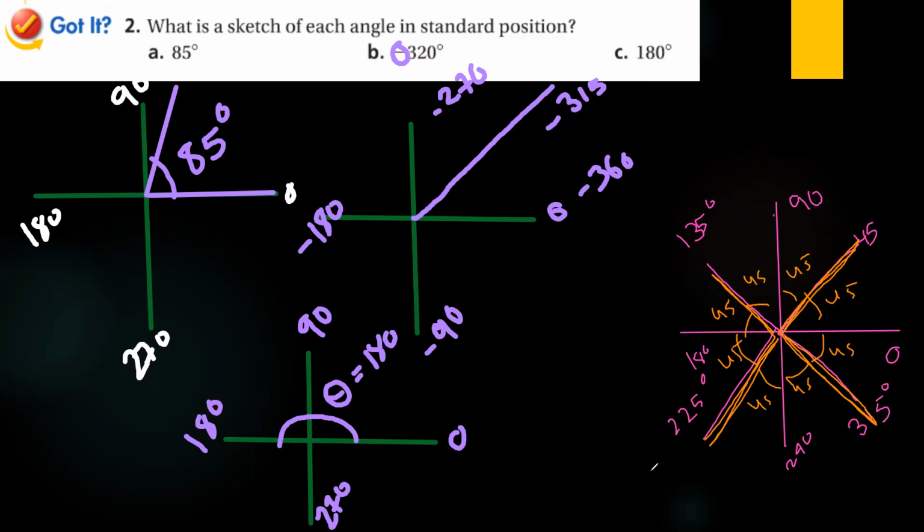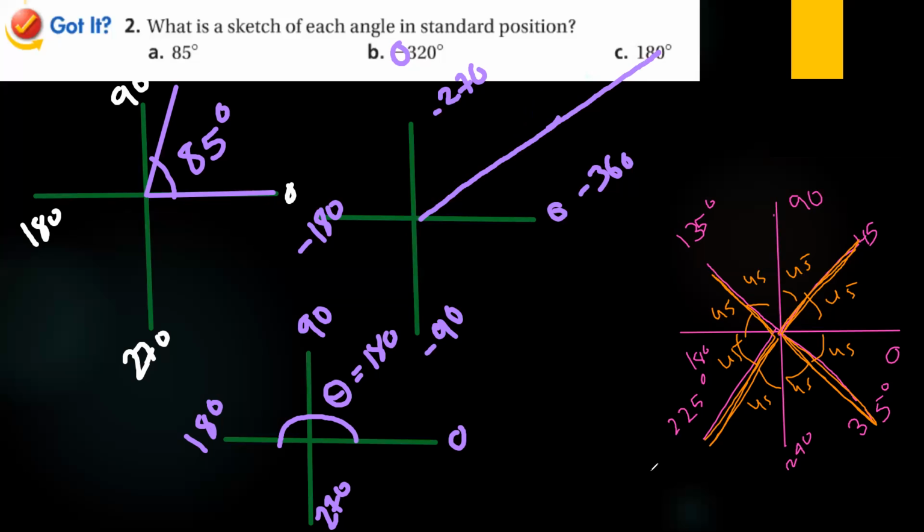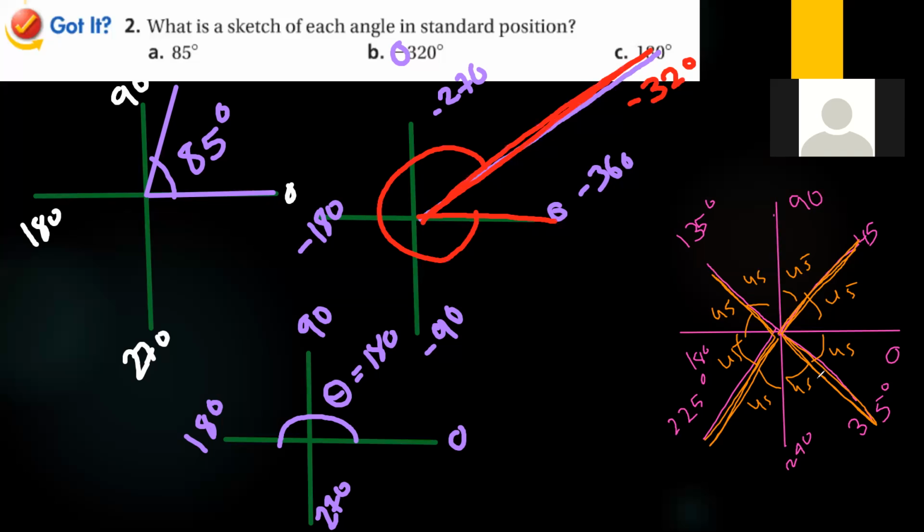But I need 320. So where will the angle be? It will be here, 5 degrees after 315. So here is negative 320. This is the initial side. This is the terminal side. Since it is negative, I have to move clockwise. So the angle here is negative 320. Is it clear? Yes.